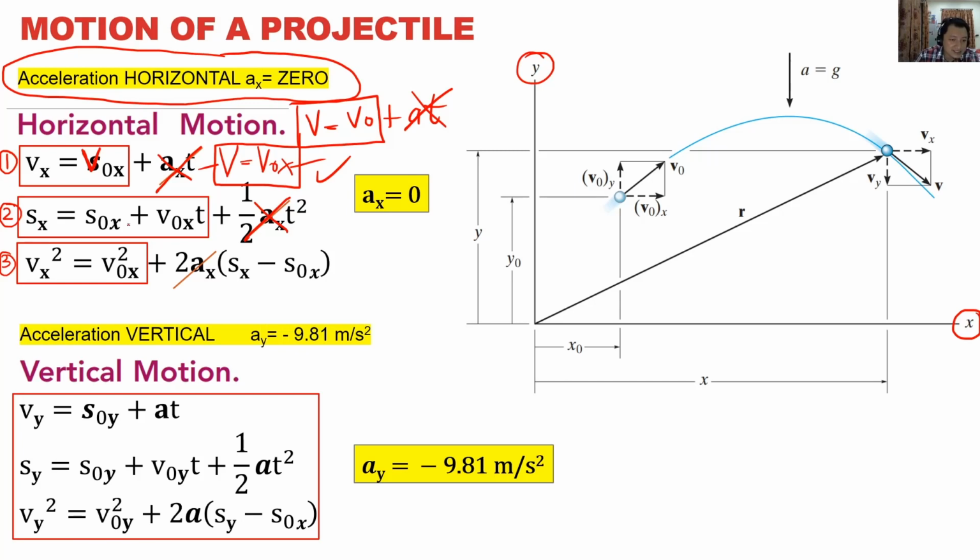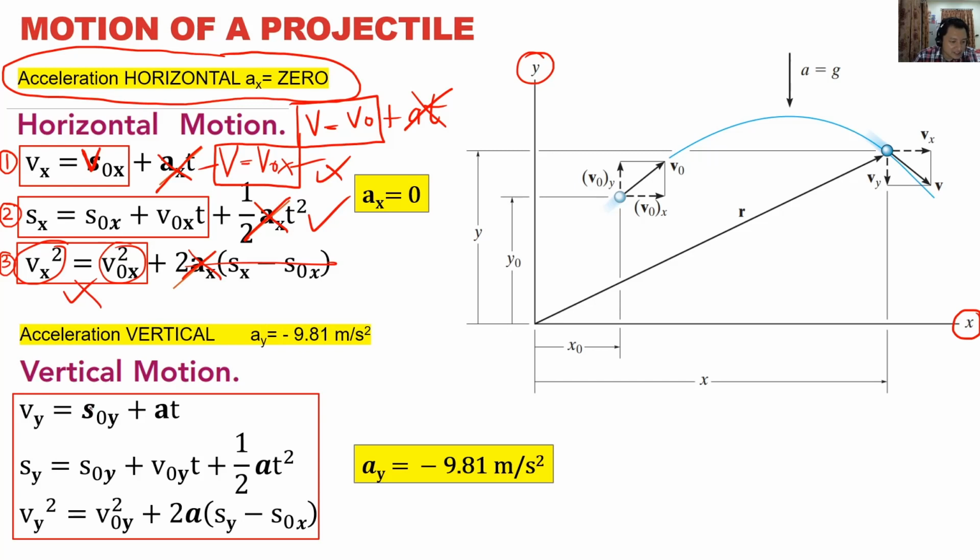Equation number 2, yes, this one is good. Equation number 3, if you cancel out this one, gone. Vx squared is equal to v naught x squared. Nothing you can do with this, nothing that you can input to it. Only thing which is important is equation number 2. Number 2 is good.